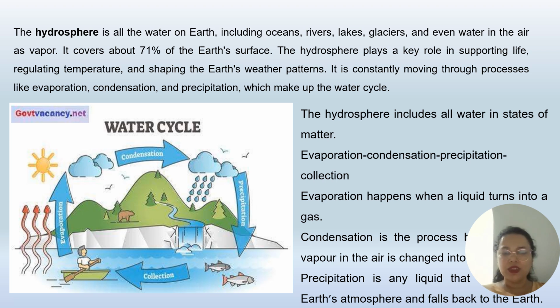Condensation is when this water condenses and it changes back into water. And precipitation is when that condensed water is now ready to fall back to the earth as rain, hail, or snow. And then you can see collection here at the bottom. Collection is when the water is being stored underneath the mountain or in the ocean as well.